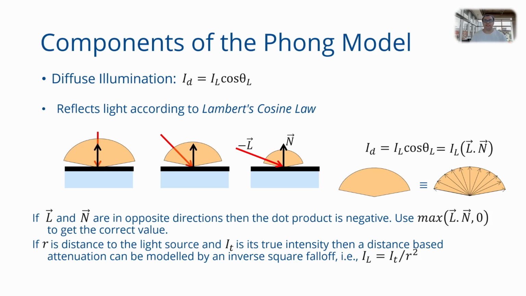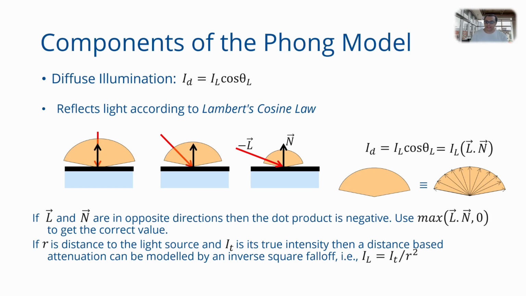So when you do this computation inside a shader, and we will see exactly some shading code that does this computation, instead of using L dot N, you will use max of L dot N comma 0, so that if L dot N is negative, you return 0 instead.